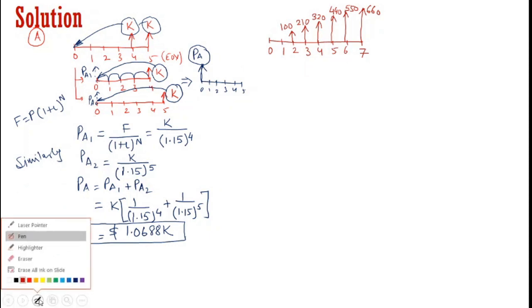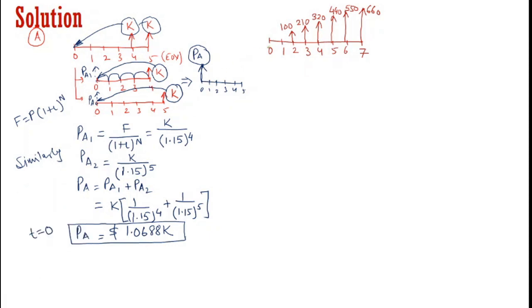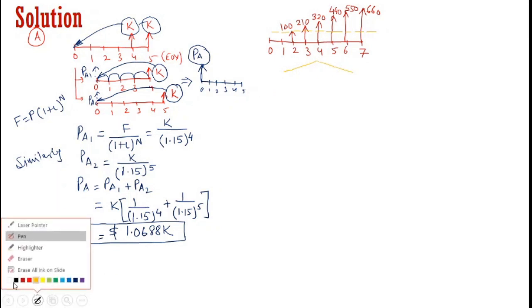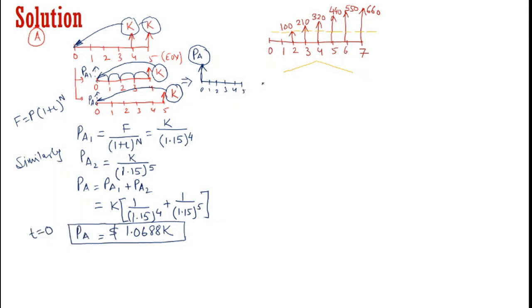If I draw a line here, fine. Now what I can do is split this cash flow into two. 0, 1, 2, 3, 4, 5, 6, and 7.